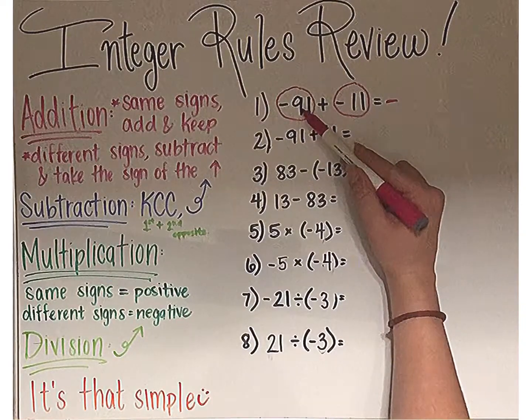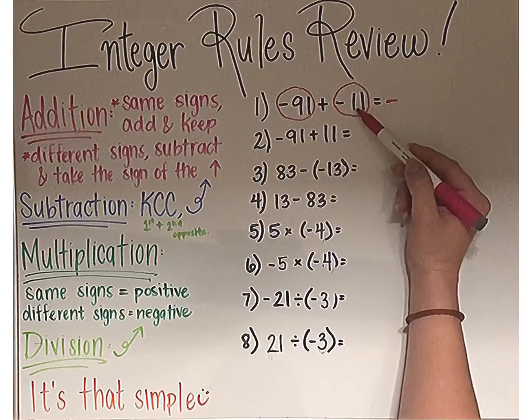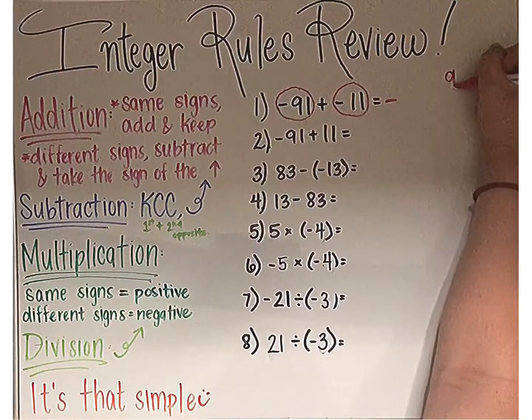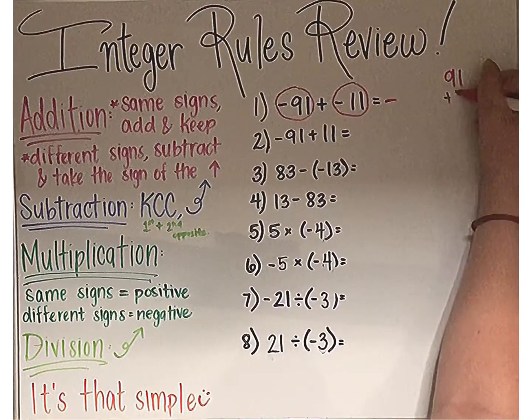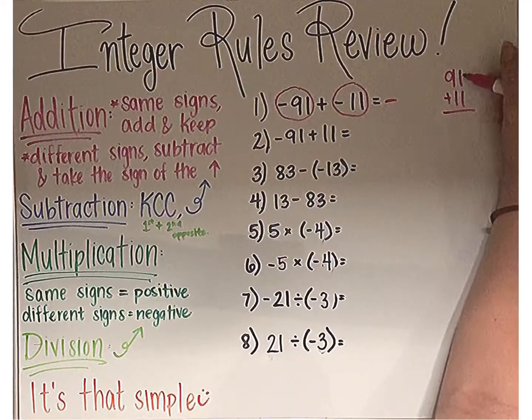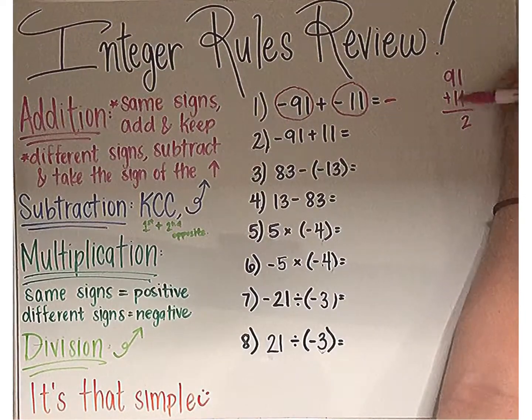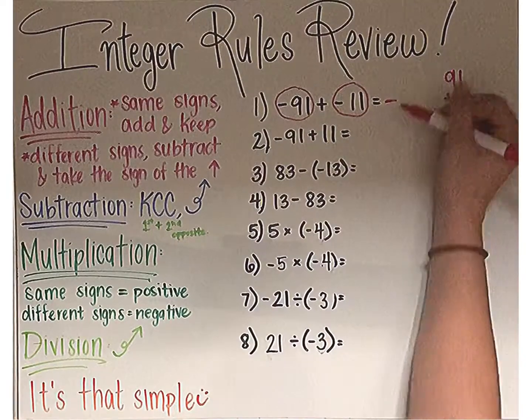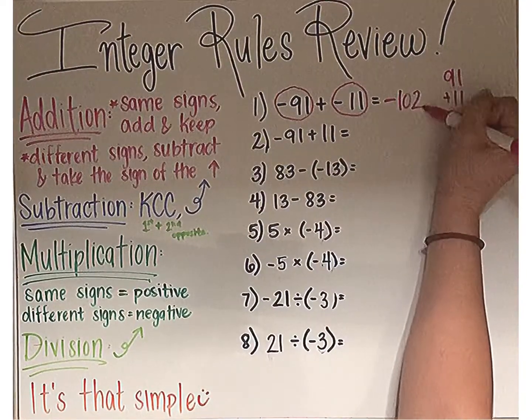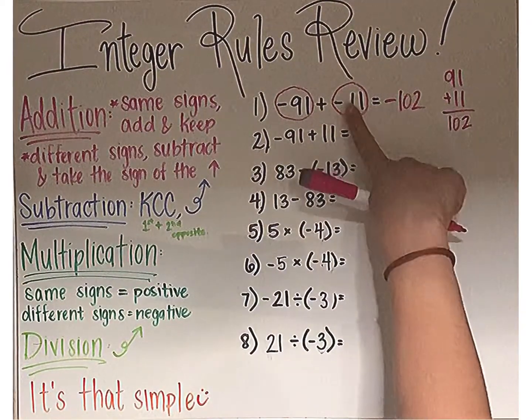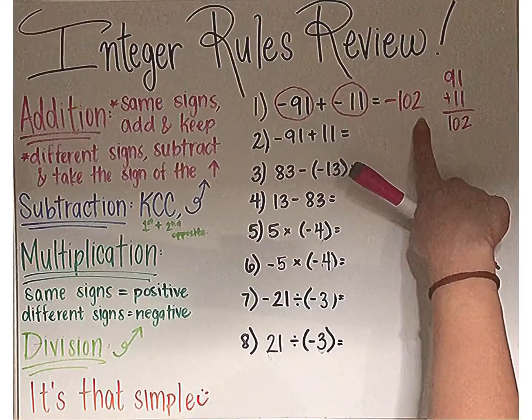So then we just do 91 plus 11. I can do it off to the side if I want. 1 plus 1 gives me 2. 9 plus 1 gives me 10. So my final answer is negative because I kept my negative, 102.